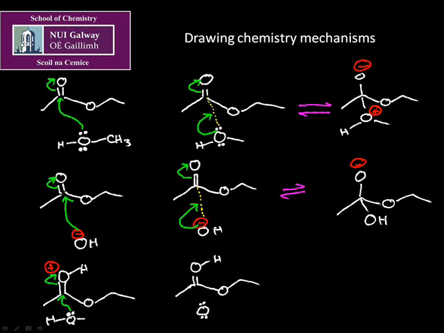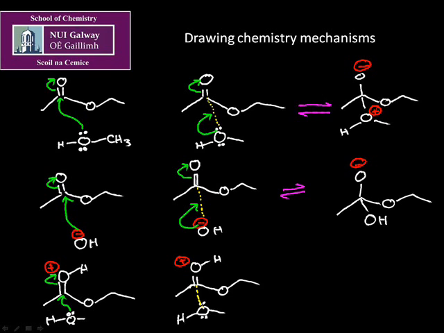And in this case, again, what I'm going to do is represent the bond that's created by a dotted line. I need to put the positive charge on the oxygen of the ester because it's been protonated. That oxygen has 3 bonds, which will always mean it has a positive charge. So I'll put in the dotted line indicating the bond that's created, and then we'll move the electrons into that space.